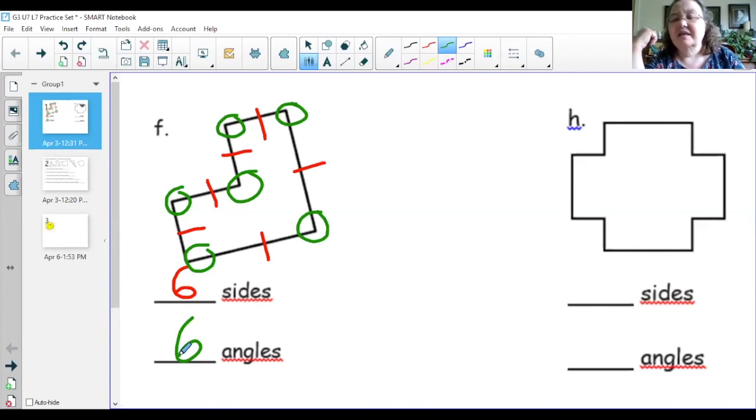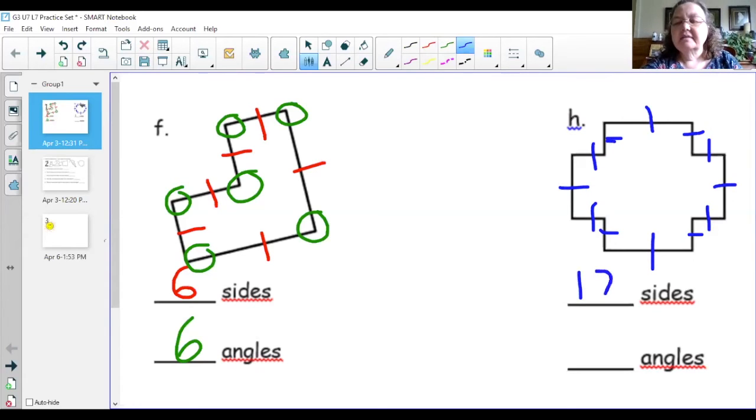Well, let's look at this next one. This one is kind of tricky. So I'm going to count them the same way, putting a line through it. 1, but I have to count this one 2, and then this one 3, then 4, 5, 6, 7, 8, 9, 10, 11, 12. That's 12 sides. Now think for a minute.